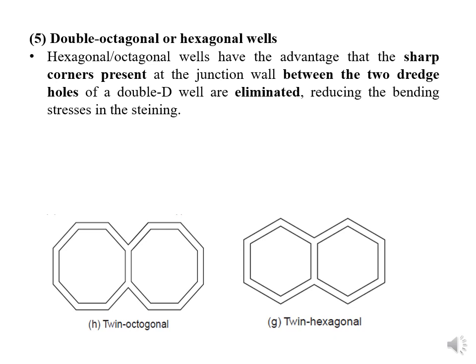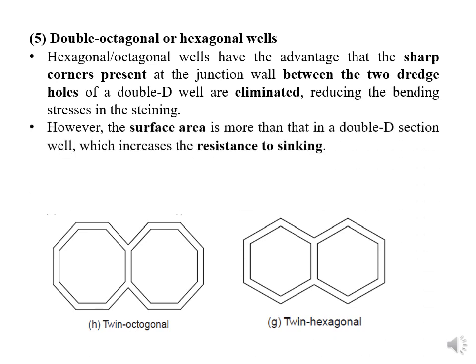In case of double D wells, one D is on the left hand side, another D is on the right hand side. In between, a wall is also there, right? And that wall has sharp edges, sharp corners. So that problem is going to be eliminated in the case of double octagonal and hexagonal. Here sharp corners are not there inside the wells compared to rectangulars or double D wells. So that benefit is there.